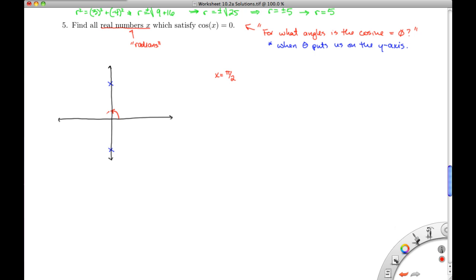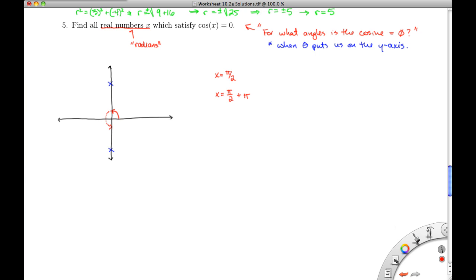So we can keep going, and we're going to hit it at 3 pi over 2. Now, we're going to want to identify the patterns here. So we went pi over 2 initially, then we went another pi. So we had our first solution here on the positive y-axis. The next one came when we went another 180 degrees or another pi.